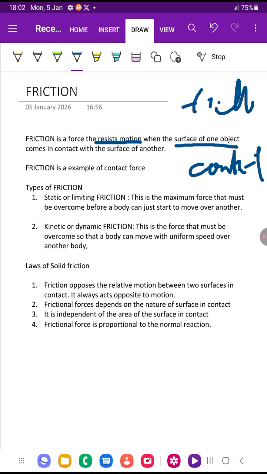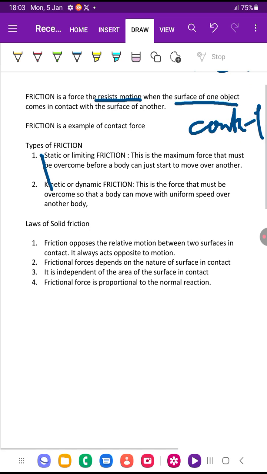So we have two types of friction. We have the static or limited friction, and then we have the kinetic or the dynamic friction. Static friction is the maximum force that must be overcome before a body can just start to move, while kinetic or dynamic friction is the force that must be overcome so that a body can move with uniform speed.